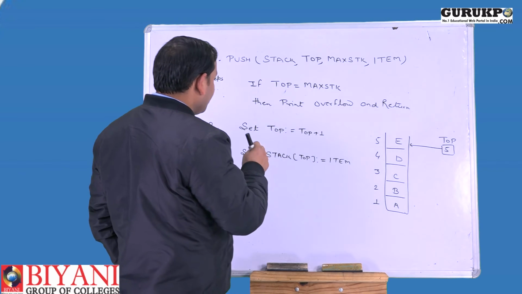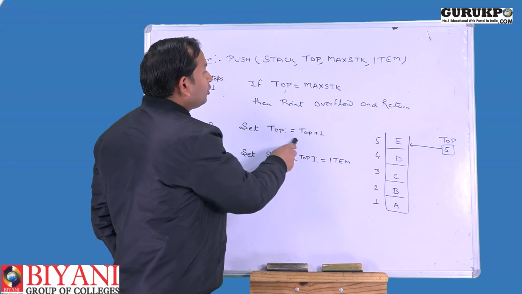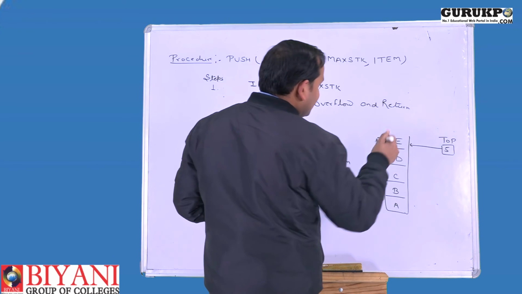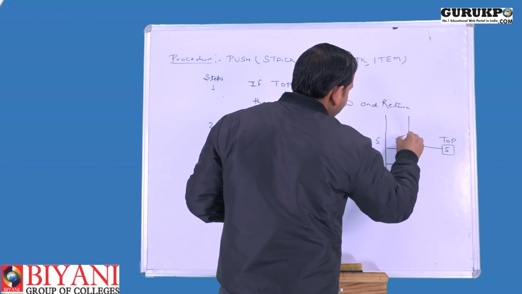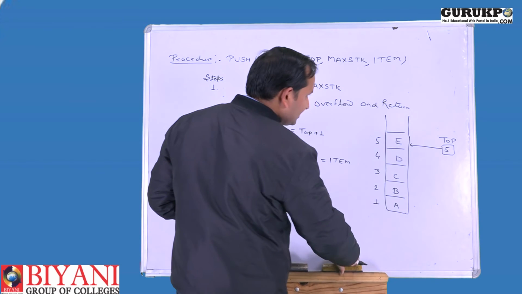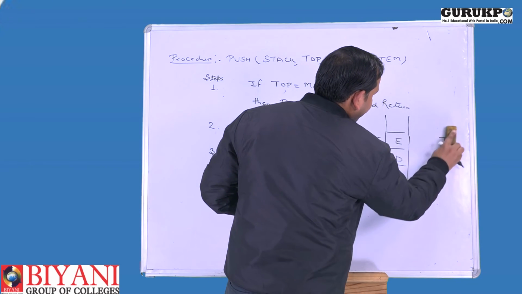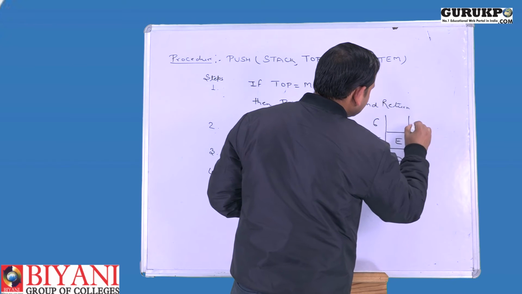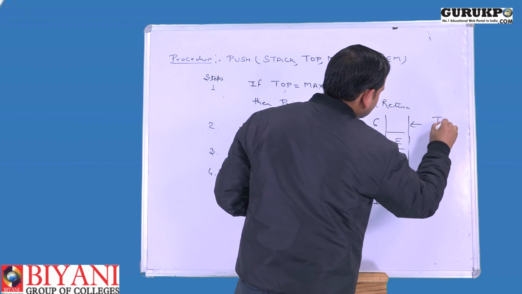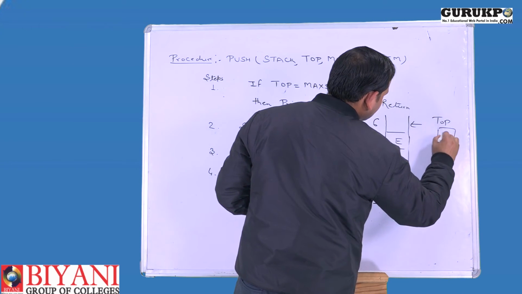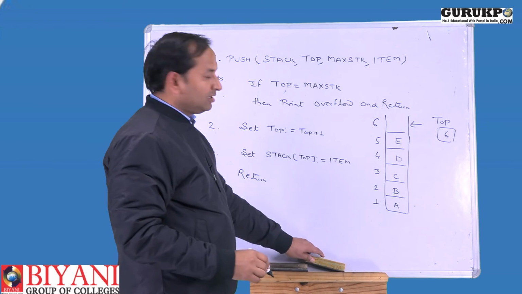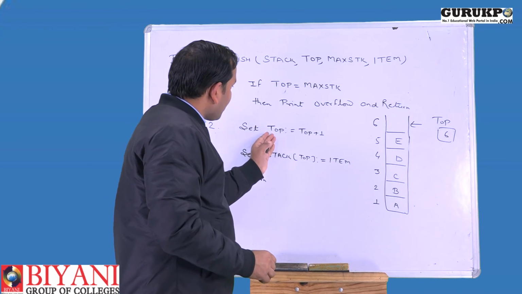If it is not so, then set top equal to top plus 1. Suppose our stack size is 6. In this case, top will denote here. Set top equal to top plus 1.